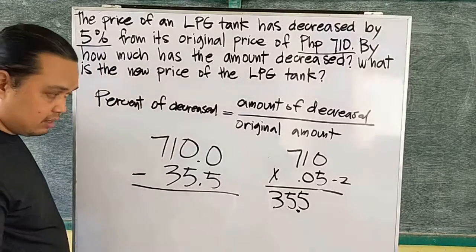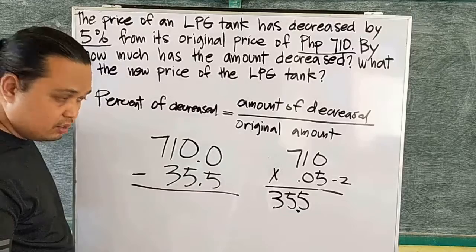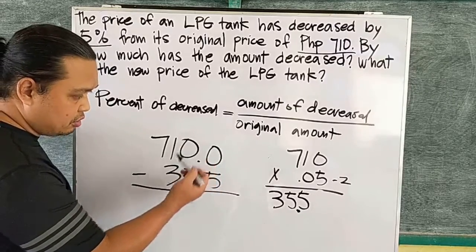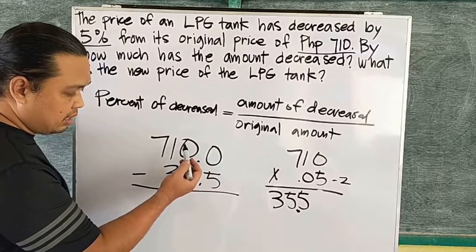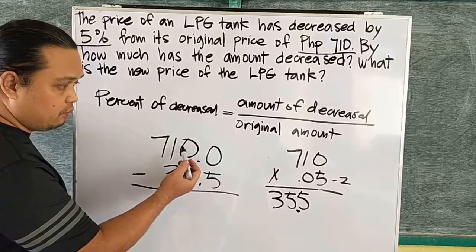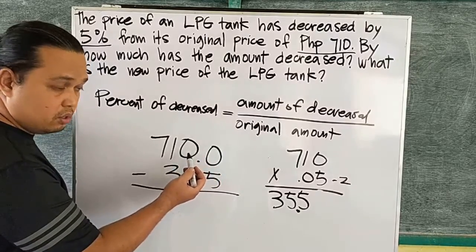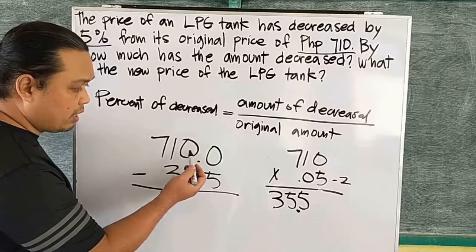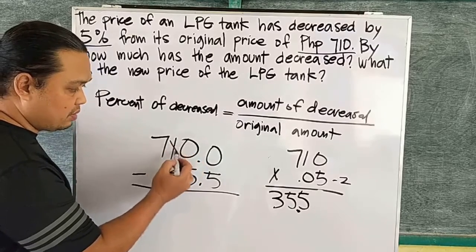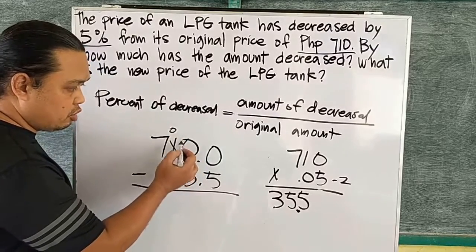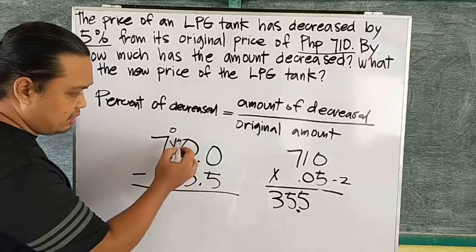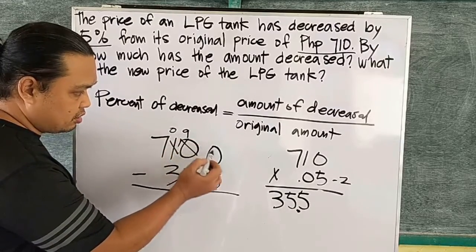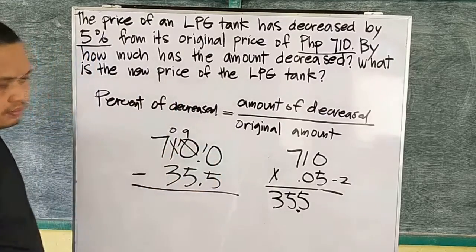And you can now subtract. Now, 0 minus 5 cannot be, so 0 must borrow 1 from 0. And 0 cannot give 1 because it has no value. So 0 must borrow 1 from 1 here. So 1 will become 0, 0 will become 10. Now 10 here will become 9 because we're going to borrow 1 from it.